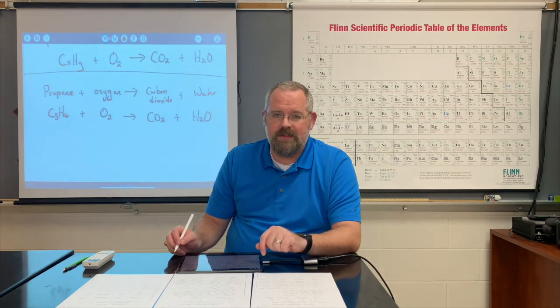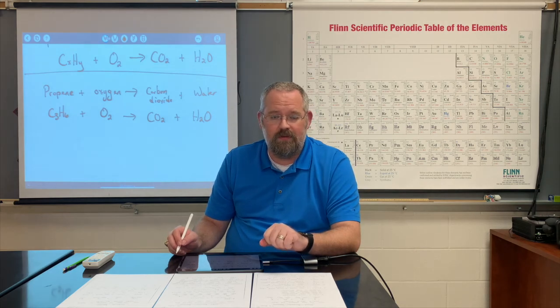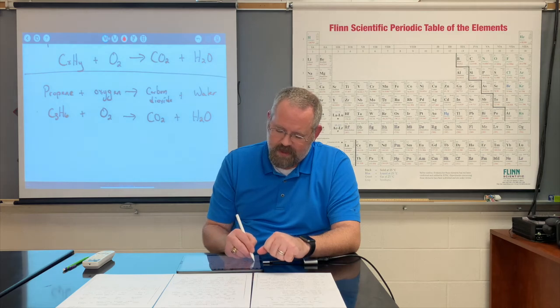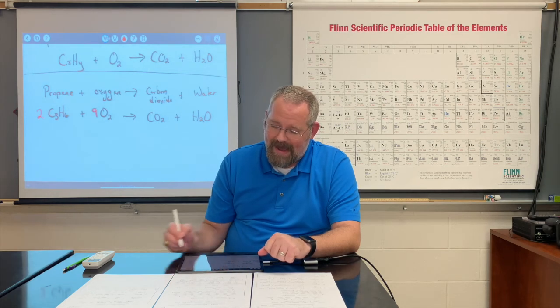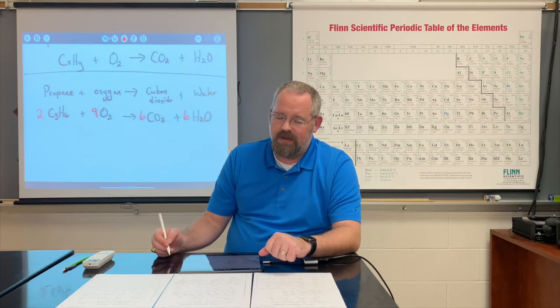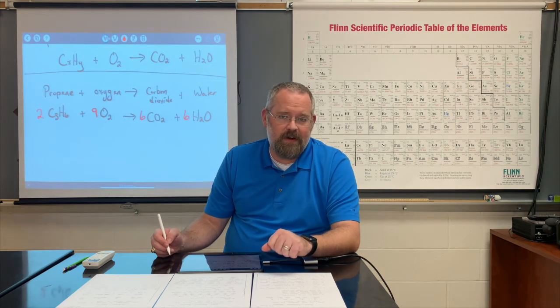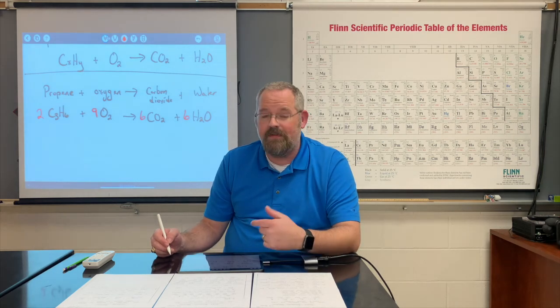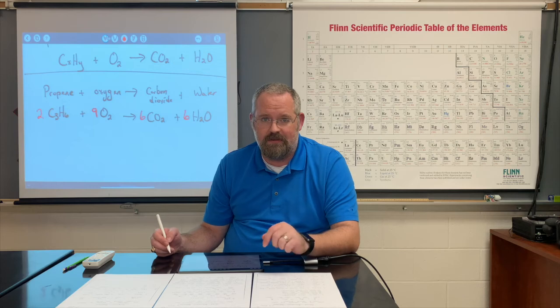Now sometimes these can be a little involved to balance, okay? This particular example has 2 propenes, 9 oxygens, 6 carbon dioxides, and 6 waters. This one can be fairly hefty to try to balance. Some of them even more than that, 25 oxygens and 50 oxygens.